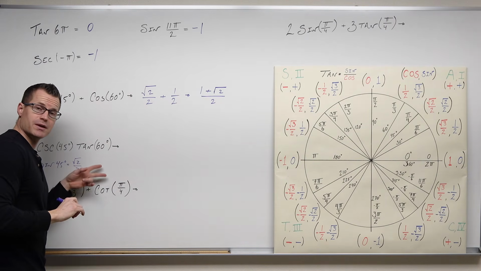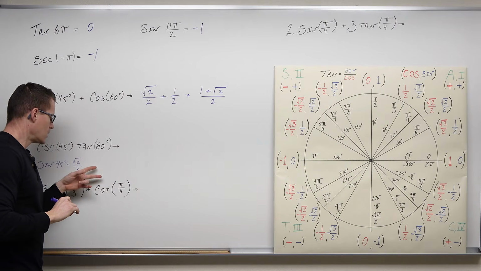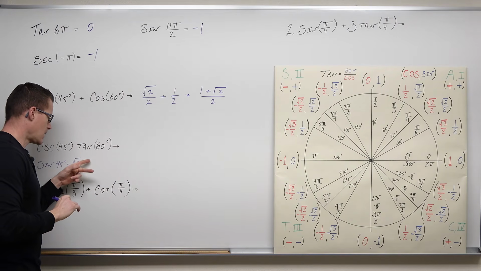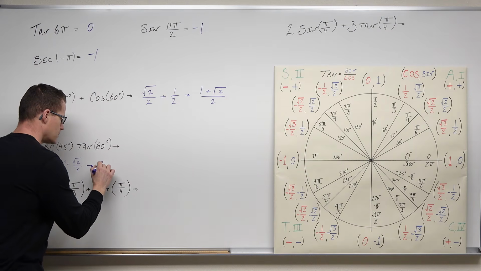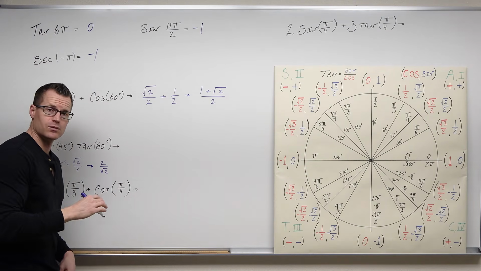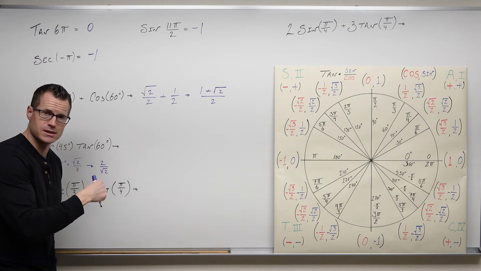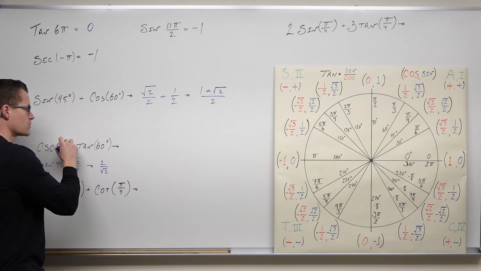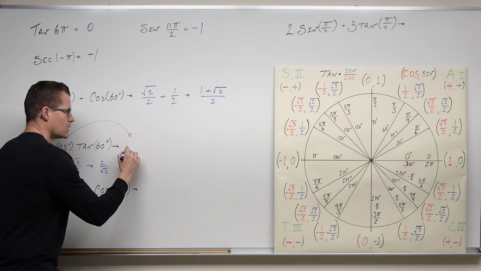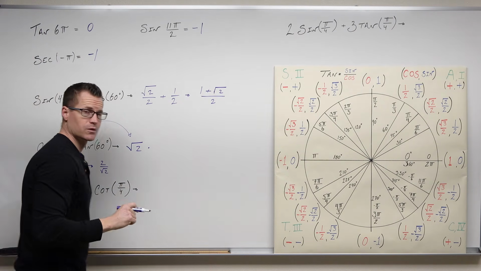If I reciprocate that, I'm going to get 2 over the square root of 2. If I rationalize the denominator, that's 2 root 2 over 2, or just square root of 2. So this becomes square root of 2.